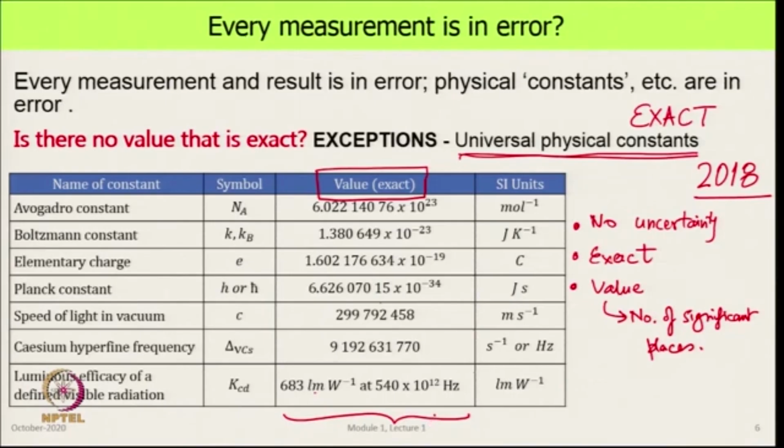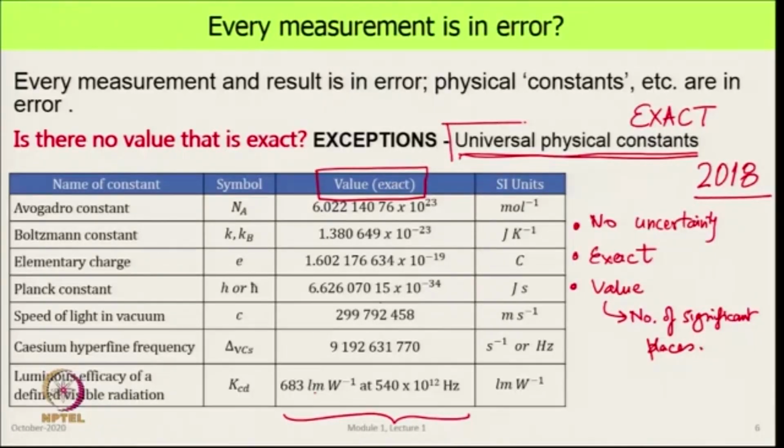So, the world body of scientists all across the world decided these are things which are exact, and they are classified as universal physical constants. Everything else is in error. Nothing is exact beyond these. And what it ends up telling you is that even in what we have learnt in school and colleges as something as being constant in the context of this understanding of science, nothing there is also exact.